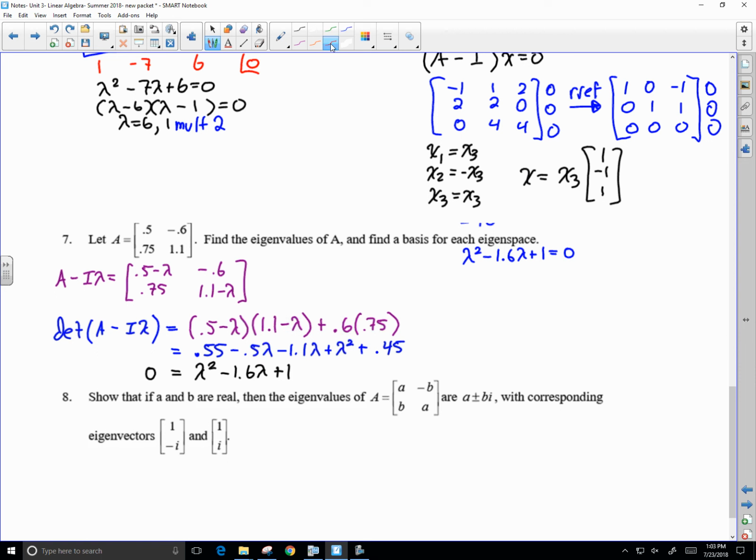So complete the square or quadratic formula. If I complete the square, I'm just taking my b value, cutting it in half, and squaring it, adding it to both sides. So we're adding a 0.64. So lambda squared minus 0.8 squared on the left and then negative 0.36 on the right.